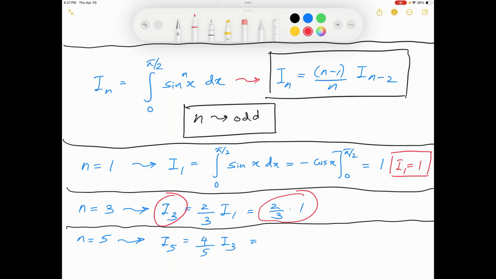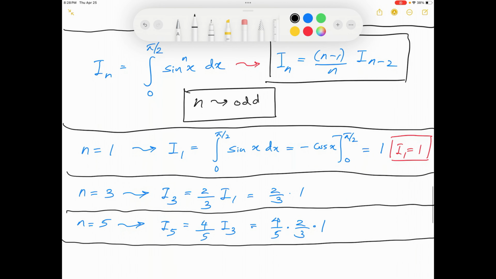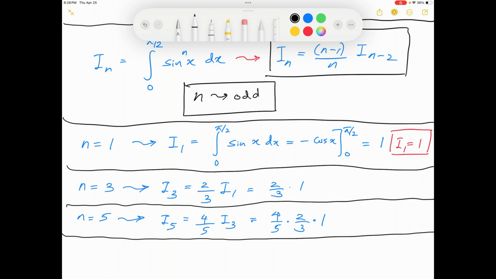I sub 3 was calculated in the previous step, and that was equal to 2/3 times 1. I'm going to use those two results along with the 4/5 right here. Therefore, the answer can be written as 4/5 times 2/3 times 1. Alright, let's go on to the next odd number.